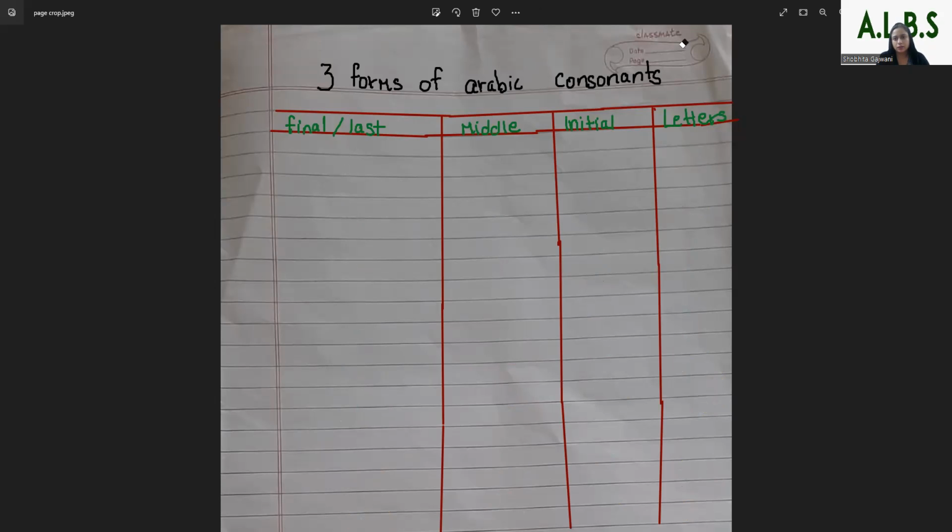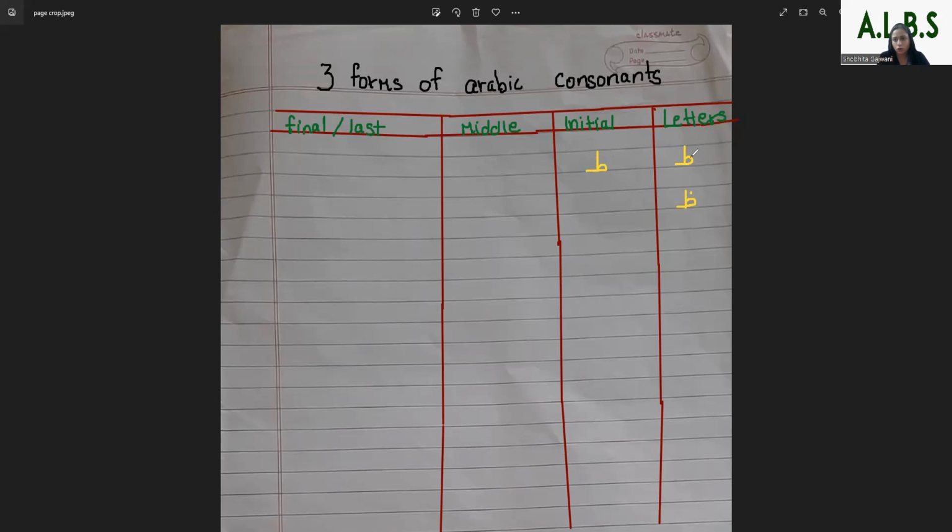Now the next letter is Ta and Za. Somewhere this letter is known as Za in UAE. Somewhere it is denoted like Dha. These two also share the same structure.